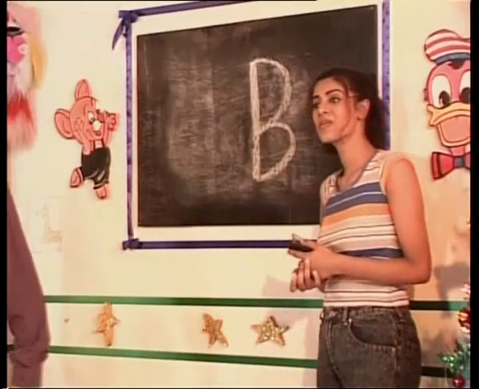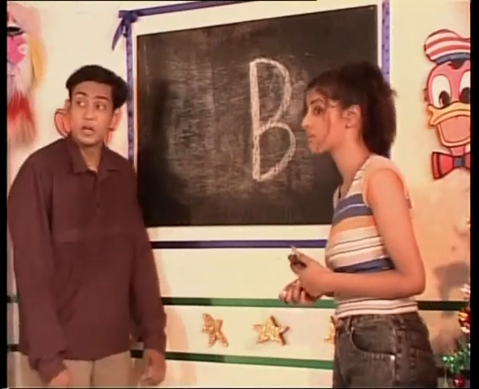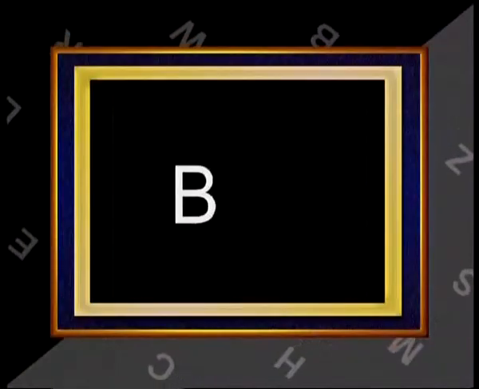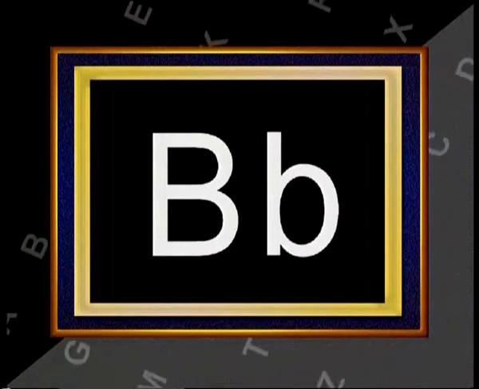Okay, children. Now I'm going to show you how to write a small b. Look at this. One standing line and one half circle. Once again, one standing line and one half circle. So here we have a capital B and a small b.